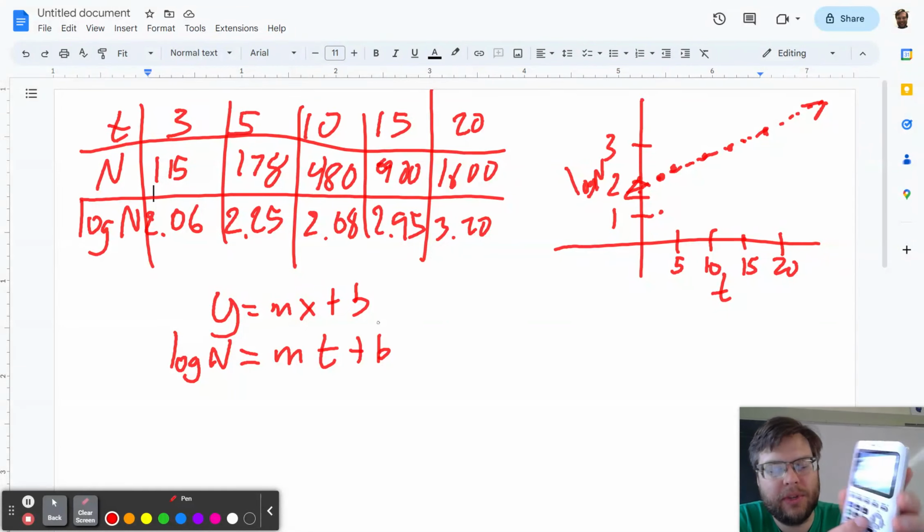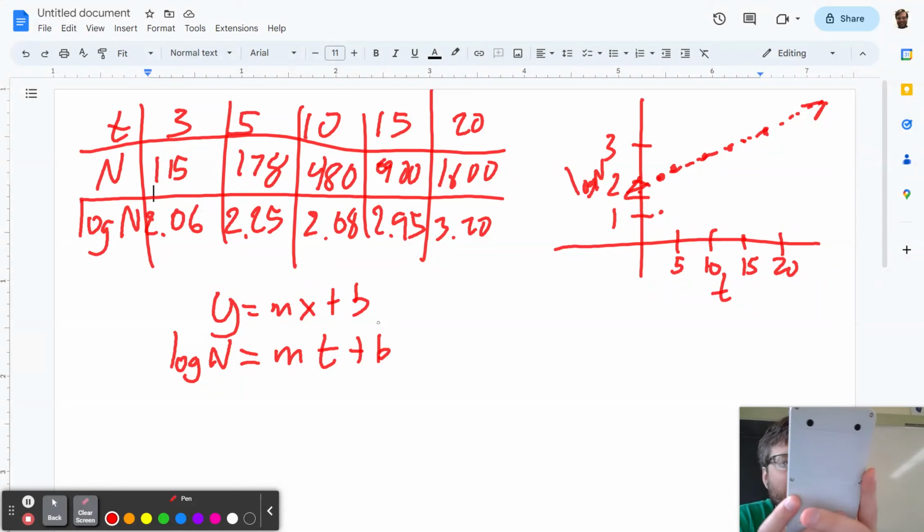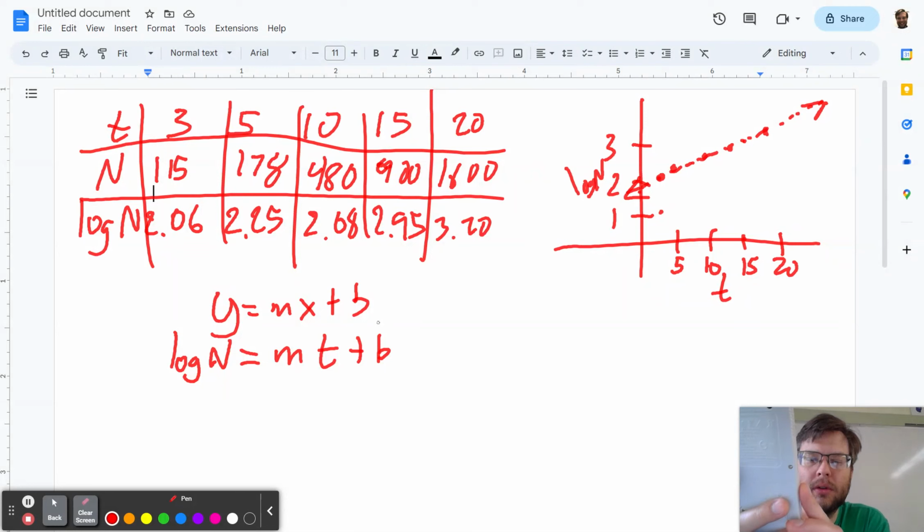So remember, you press the stat button, then you hit enter, and you type your data in. So I'm going to type in my t values, and then I'm going to type in my log n values. Okay, so I got that all typed in there.